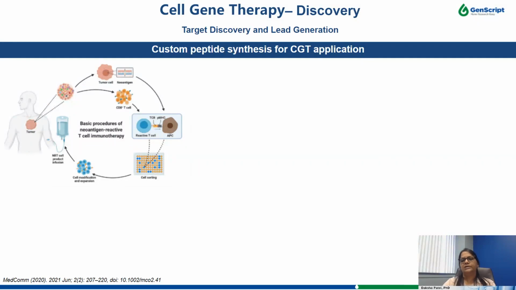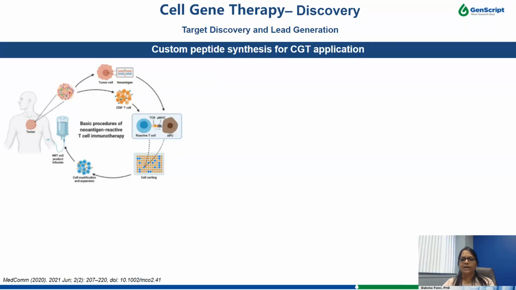Neoantigen targeted T cell therapy is a promising approach to cancer treatment, but it's still in the early stage of development. Research is ongoing to improve the identification and targeting of neoantigens and optimize the production and delivery of modified T cells. Neoantigens are unique proteins that are produced by cancer cells due to mutation of the DNA, and to create the neoantigen targeted T cell therapy, researchers first need to identify the neoantigens expressed by the patient's cancer cells.